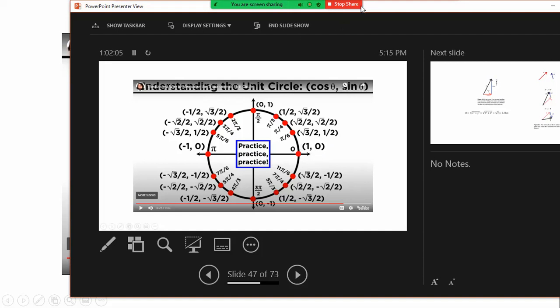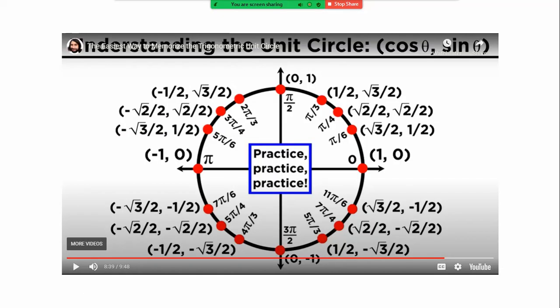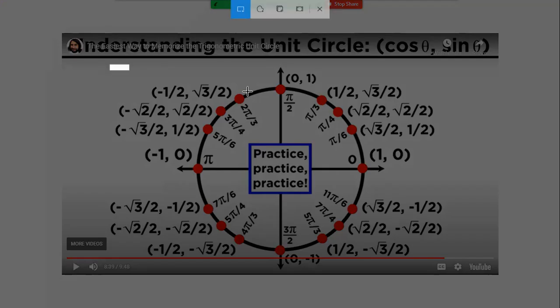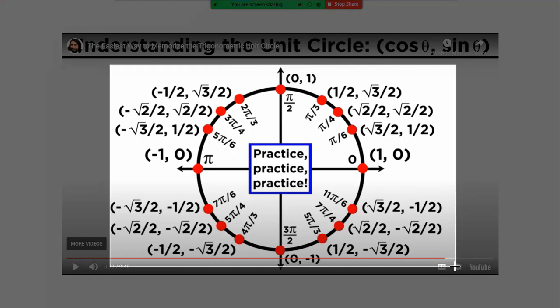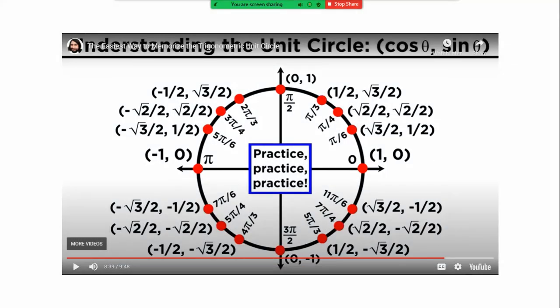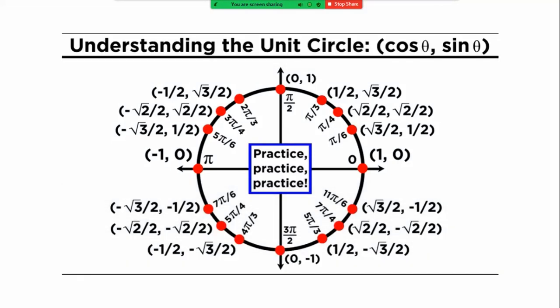So let me pull this back up. Where'd my paint go? Let me actually just do this. Control C. All right, there's a whole bunch of ugliness going on. Don't worry.